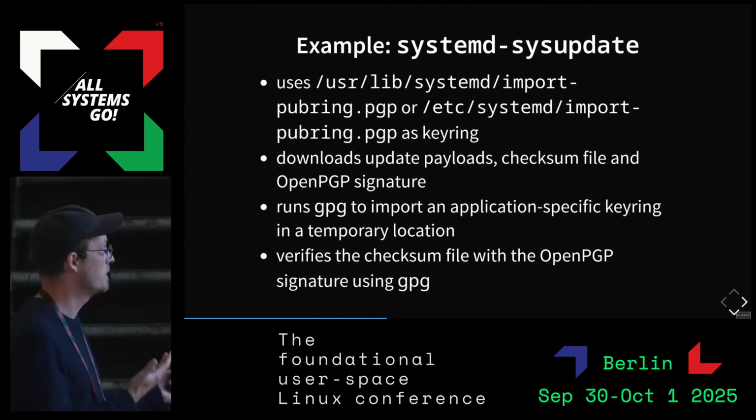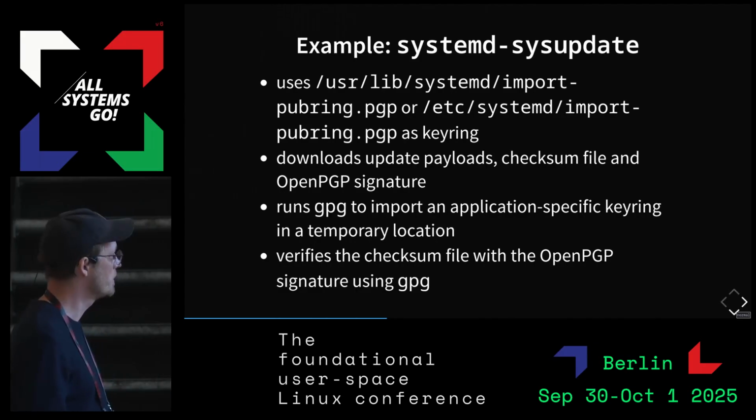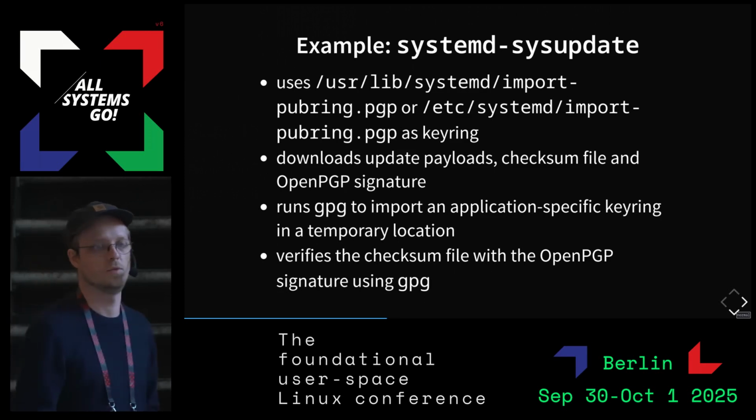Good examples, I think, are systemd-sysupdate. To my knowledge, this is still the case: you have basically two locations in /usr/lib and /etc where a keyring is expected if you have a system that is updated via systemd-sysupdate.